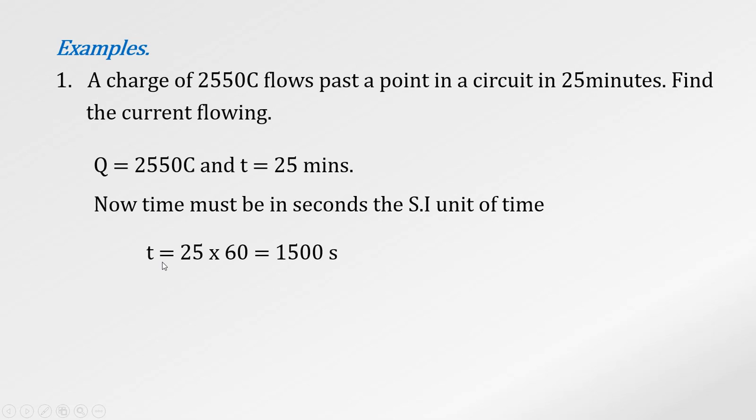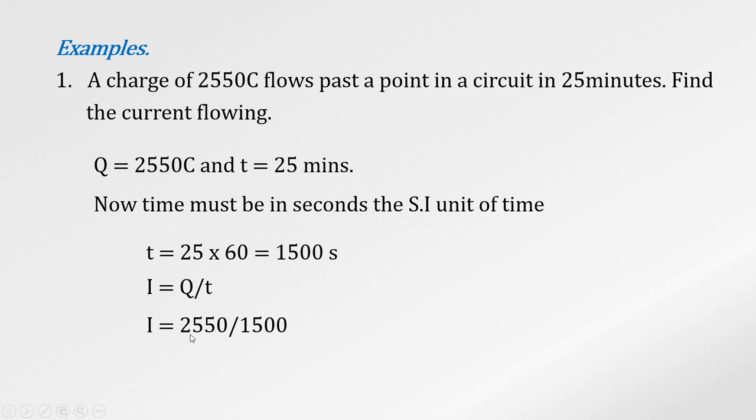So time will now be 25 times 60. Why 60? Because in 1 minute there are 60 seconds. So if I have 25 minutes, I will have 25 times 60 seconds, to get 1500 seconds. Having converted, now we can quote our formula I equals Q over T and substitute.